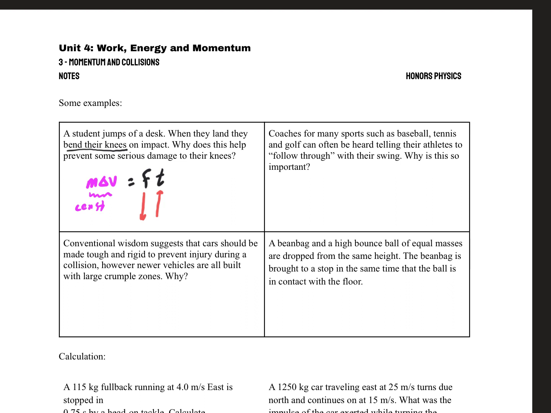So second example here, same kind of thing, follow through with the ball, right? We've all heard that, follow through, if we're on the court or the field or something like that. So same idea, we have m delta v is equal to force times time. What we're telling our athletes is that the amount of force we're producing on the ball or whatever ends up remaining constant, and the mass of whatever implement we're working with tends to remain constant.